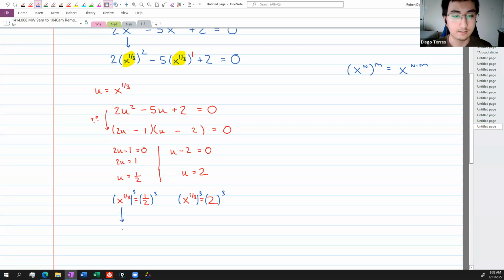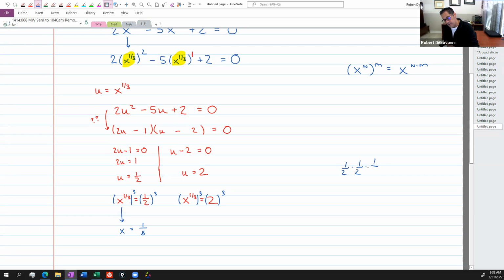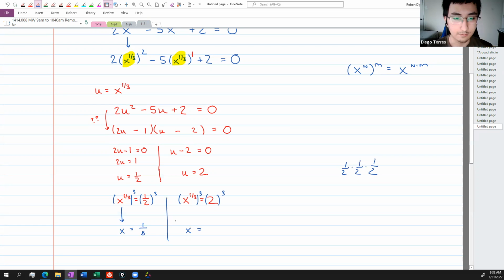It would be x is equal to 1/8, right? 1/8, good, because you're doing 1/2 times a half times a half, and you just multiply straight across. And then on the other one, x is equal to 8, right? Yep, okay, good.